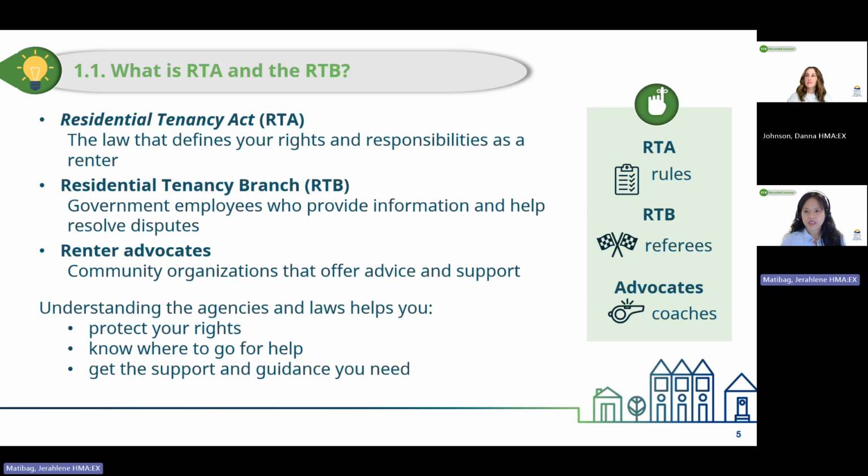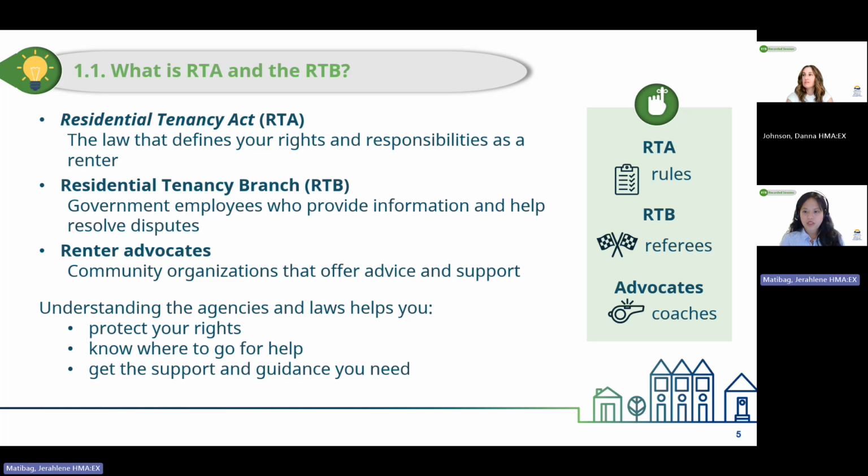One of the first questions that you might ask is, what is the RTA and the RTB? In BC, the rental system works a bit like a team setup. Here's an easy way to understand it. We have the Residential Tenancy Act, or RTA, as our rule book. It is the law that defines your rights and responsibilities as a renter.